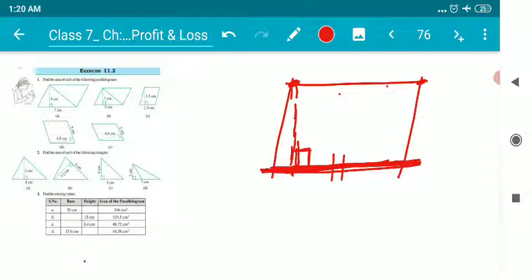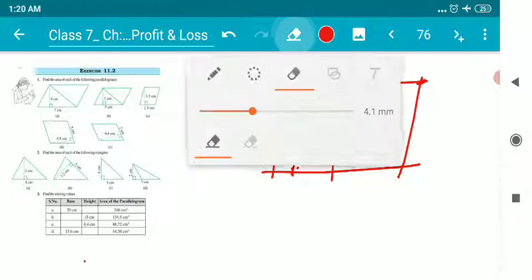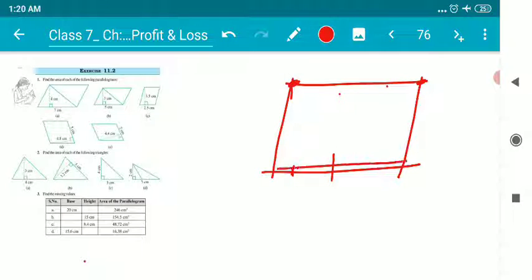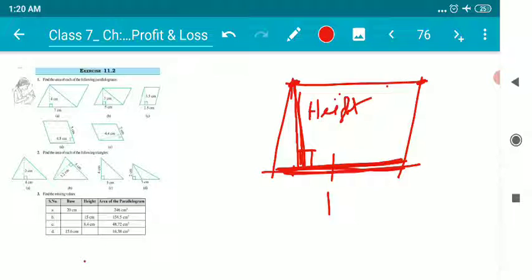The line segment on which the perpendicular has fallen is called the base, and the line segment which forms 90 degree is known as the perpendicular or height of the parallelogram. So this is the height and this is the base of the parallelogram.